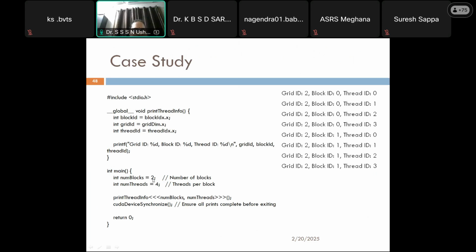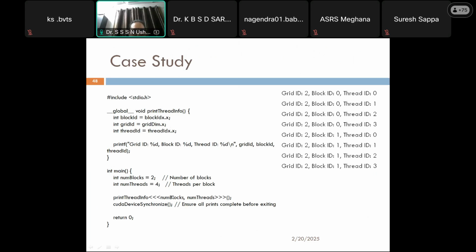Whenever you call this function, thread info, number of blocks comma number of threads within these angular brackets, you are calling this function with two parameters, number of blocks and number of threads. It is not a predefined function, it is a user defined function.